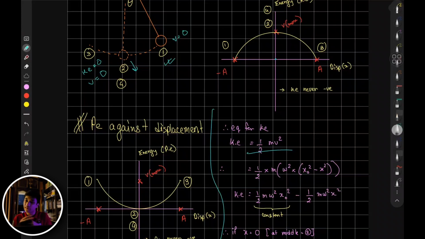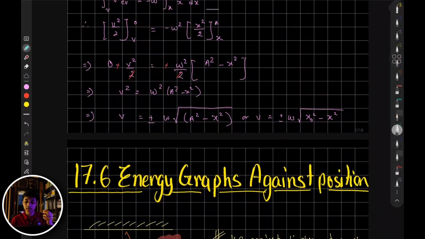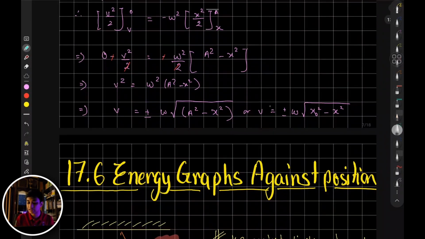Now what are the variables in this equation? You know half is a constant. You know mass is a constant. The variable is velocity. So let's plug in the equation for velocity. From here, you know the velocity is given by v equals plus minus omega times the root of A squared minus x squared.